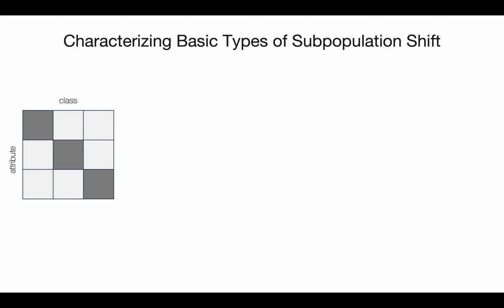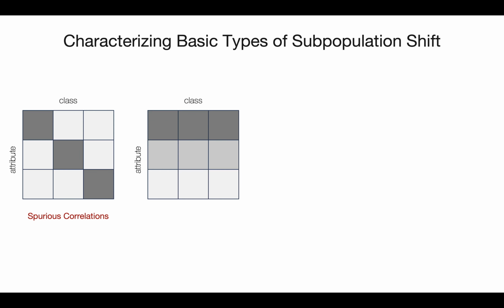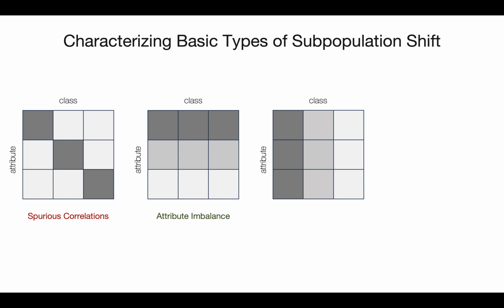Based on the formulation, we formally define and characterize four basic types of subpopulation shift. First, when a certain attribute is spuriously correlated with label Y in training but not in the test data, it implies spurious correlations. Moreover, when certain attributes are sampled with a much smaller probability than others, it induces attribute imbalance. Similarly, class labels can exhibit imbalanced distributions, causing low preference for minority labels.